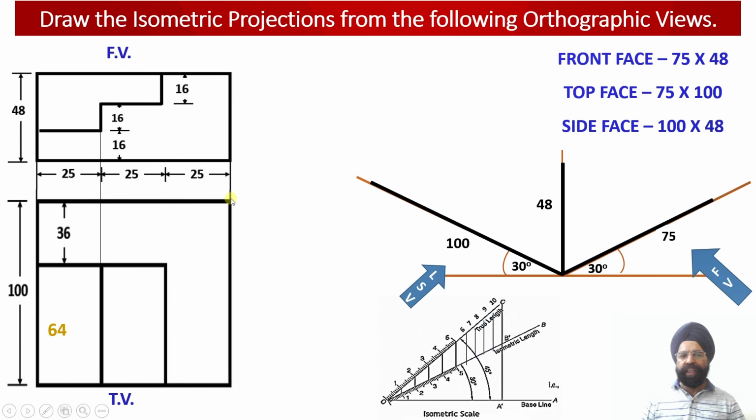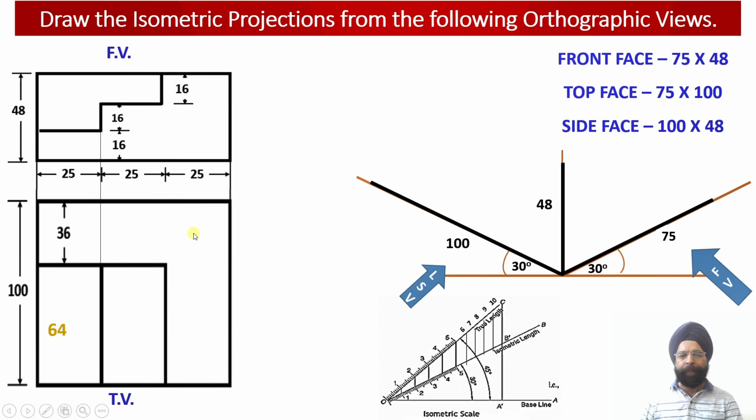Along this width of the solid, you have got the total length for the first part over here. The length of the web over here is equal to 25 millimeter. As you move from the front side to the rear side of the solid, the web is going to turn left over here.